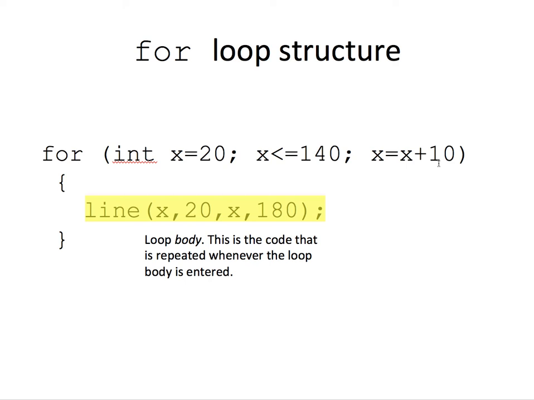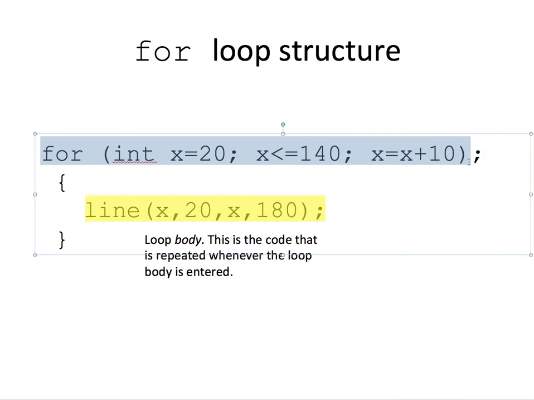The other big mistake that programmers often make when they start writing their for loops is to do this: a semicolon at the end of the declaration of the for loop. And basically all that says is for x equals 20, go from x20 to x less than or equal to 140 in steps of 10, and then stop, because you need to keep that open because you're looping.